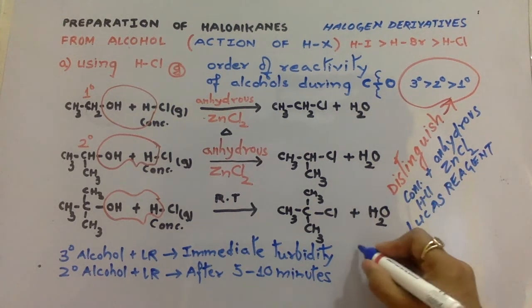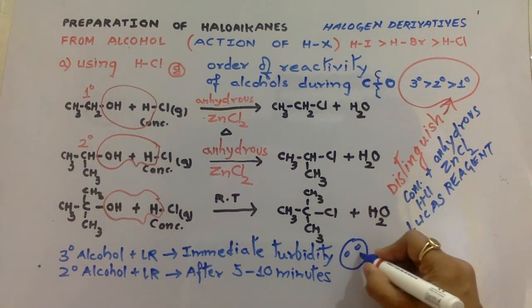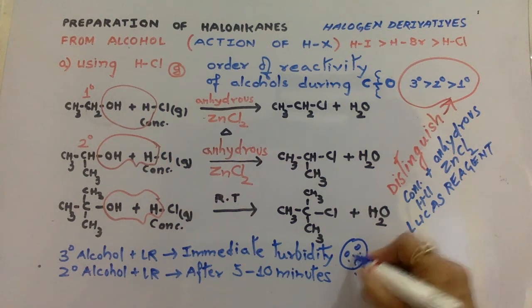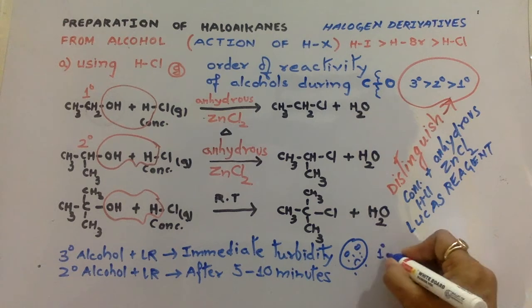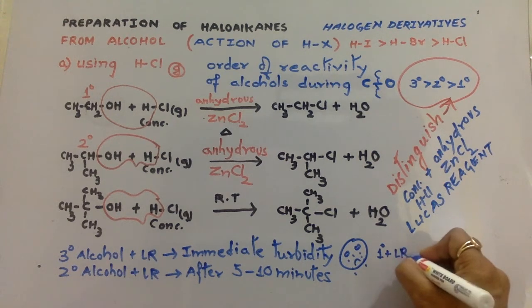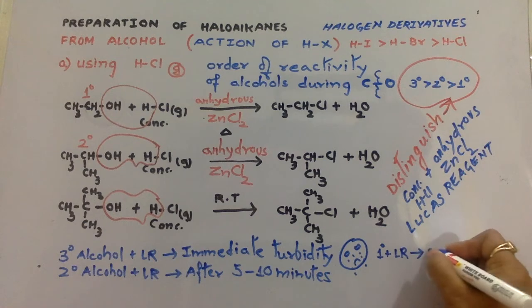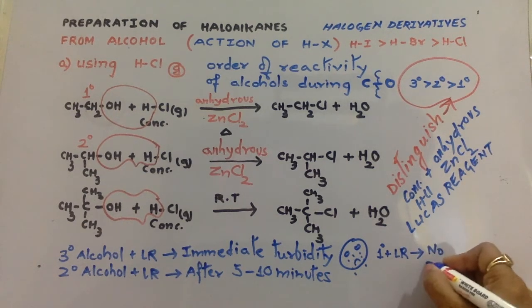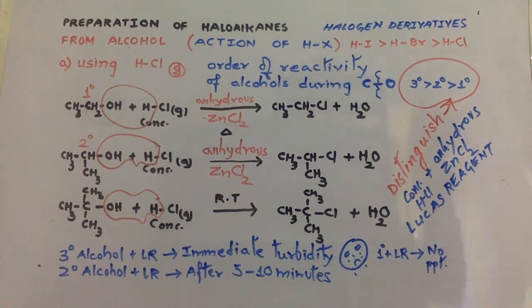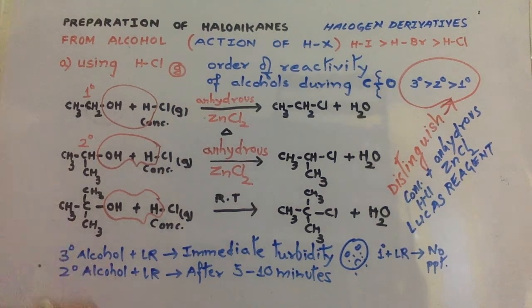And primary being least reactive, the problem with primary is when a primary alcohol is treated with Lucas reagent, then no precipitate, no turbidity. Without heating, we can't get turbidity in a primary alcohol. Hence, Lucas reagent can be used to distinguish between primary, secondary, and tertiary alcohols.